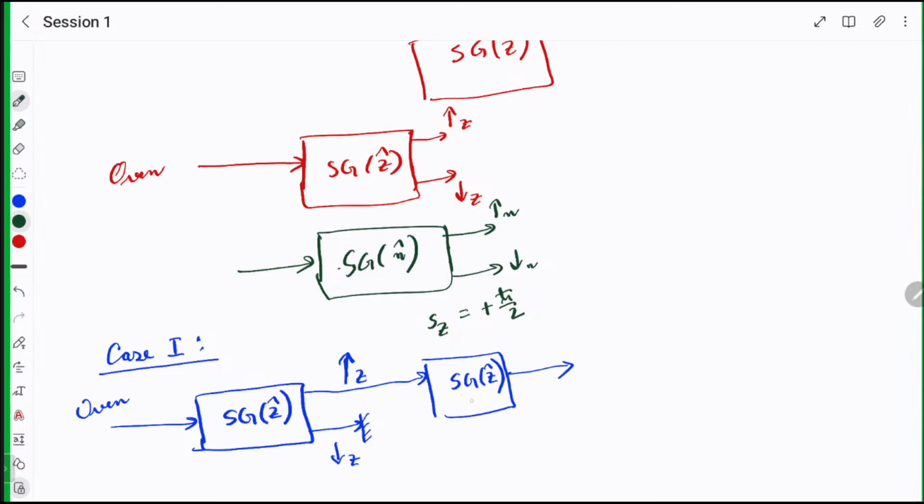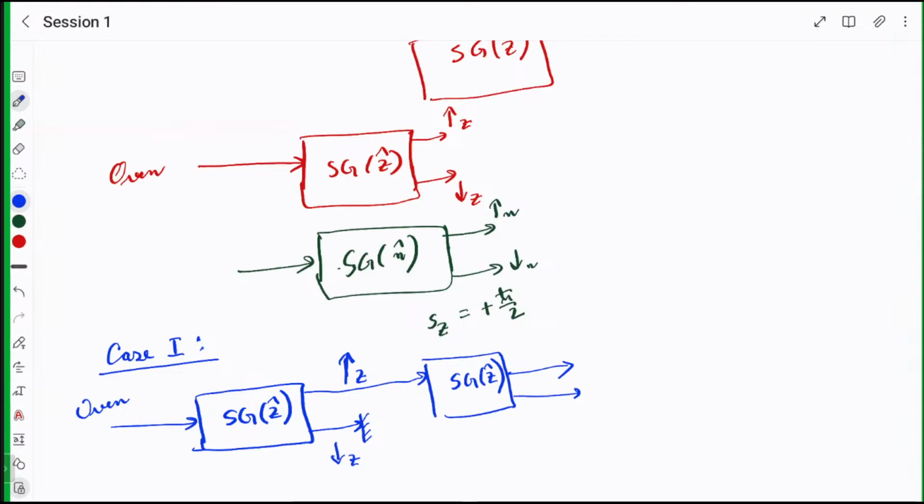If we pass that through another Stern-Gerlach apparatus, what do we expect the output to be? If any of you have any ideas, you can unmute yourself.